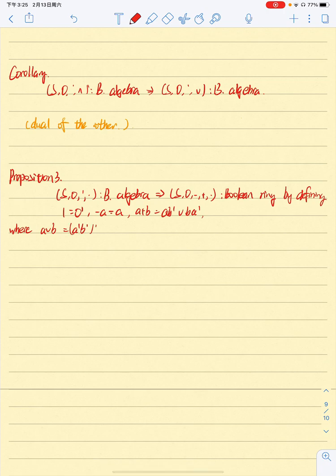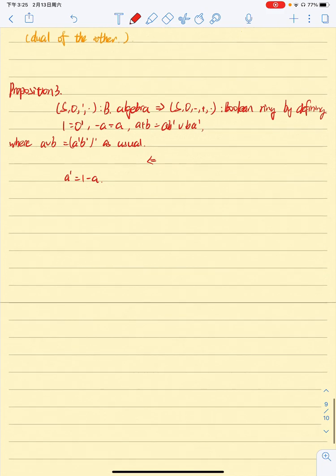Okay, and prime as usual. And any Boolean ring can be regarded as a Boolean algebra. But here equations change to A prime is 1 minus A. Okay, so let's prove this.